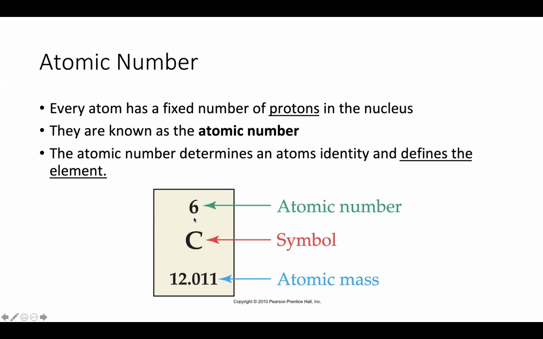Typically the chemical symbol is still going to be in the middle, but maybe the atomic number is somewhere else in terms of location. It could be high, it could be low, it could be to the left, to the right. But one thing that doesn't change is that it's going to be a whole number, right? Whereas this atomic mass, as you can see, can be represented with a decimal.